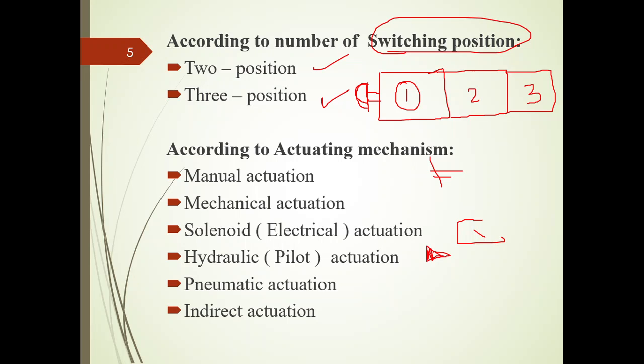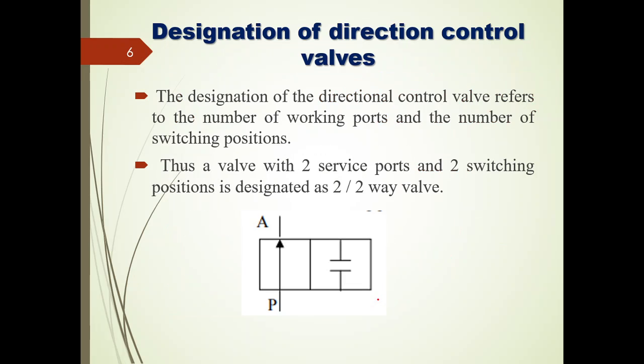A completely filled triangle is for hydraulic actuation. An empty triangle is for pneumatic actuation. Along with this, a cross mark indicates indirect actuation. In the coming classes, we will see these actuating mechanisms in detail.